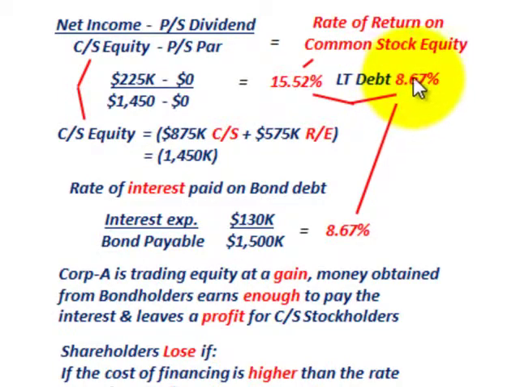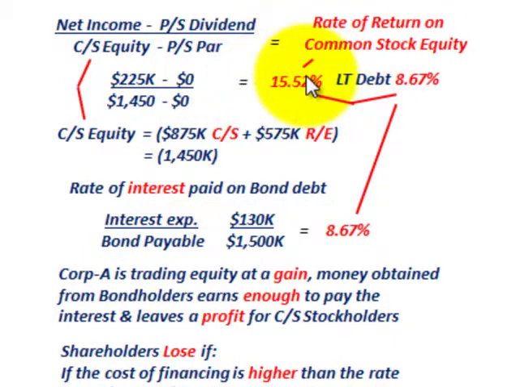That wouldn't be using debt very successfully, because you wouldn't be generating a greater rate of return on common stock equity. It would be less than the cost of your debt. So that's, by definition, what they call trading on equity.